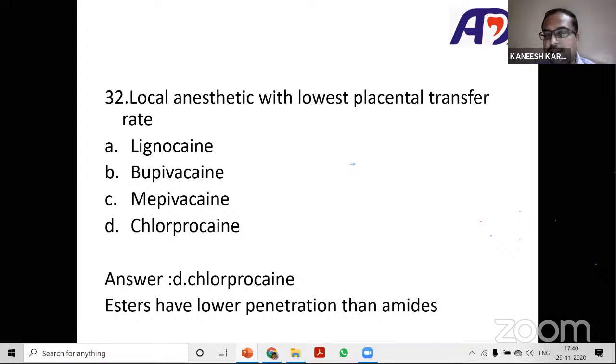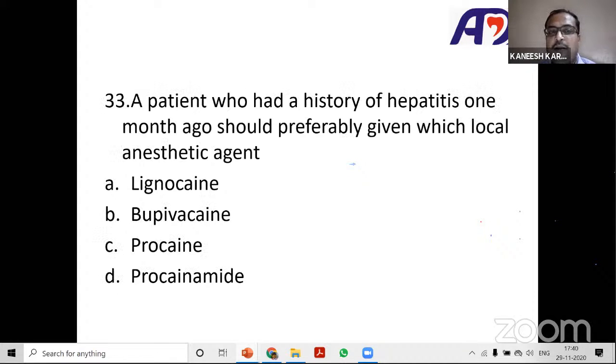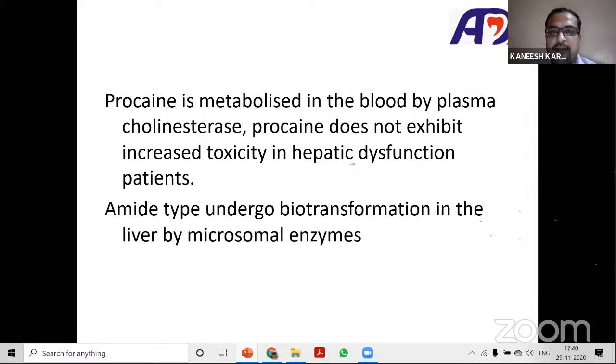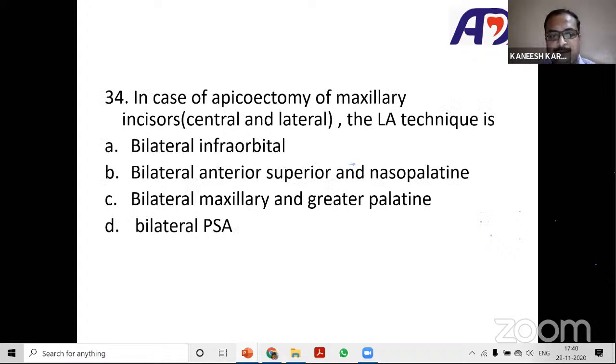Esters have lower penetration than the amides. A patient who had a history of hepatitis 1 month ago should preferably be given which local anesthetic agent? Yeah, procaine. Procaine is metabolized by blood plasma cholinesterase, unlike the amides, whose biotransformation occurs in the liver by the microsomal enzymes.